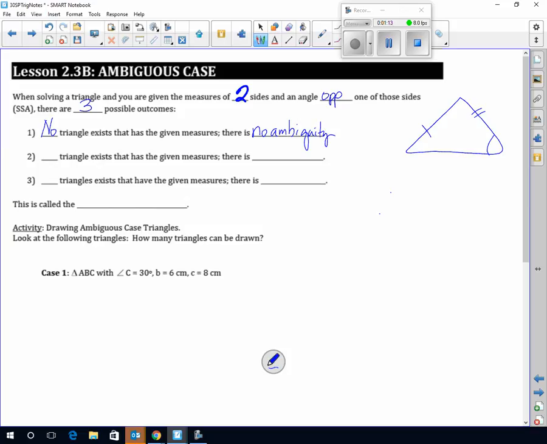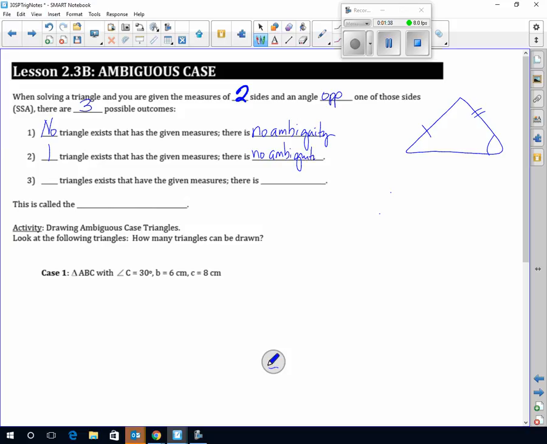Meaning, remember, ambiguous means you're unclear about something. So the ambiguity comes when you have those two triangles because you don't know if they mean this triangle or they mean the bigger triangle. So the other one was one triangle exists. Again, there's no ambiguity. You know what the triangle looks like.